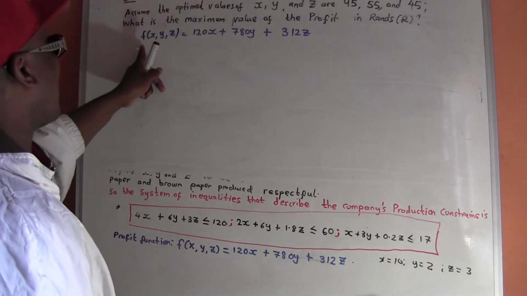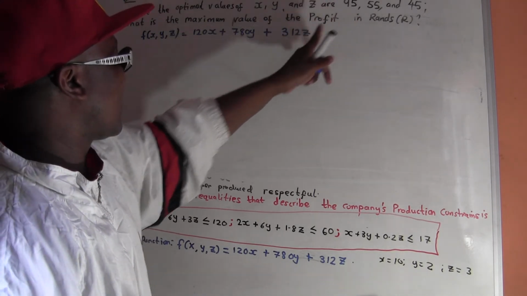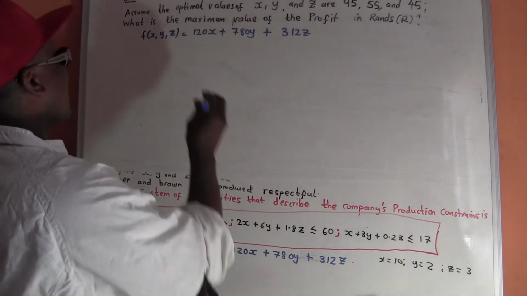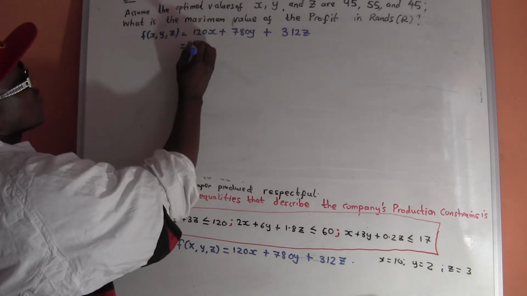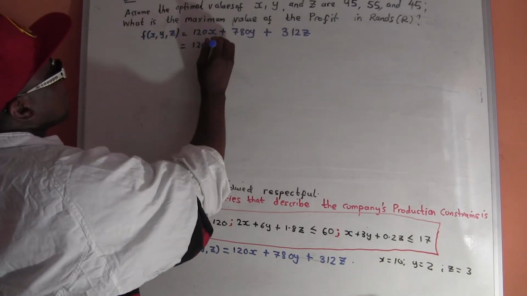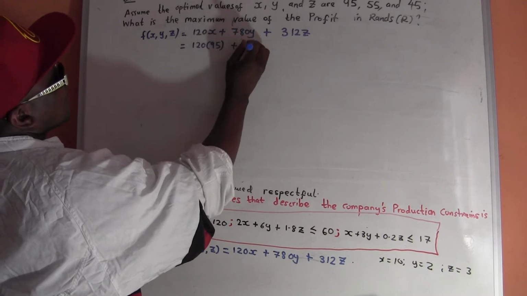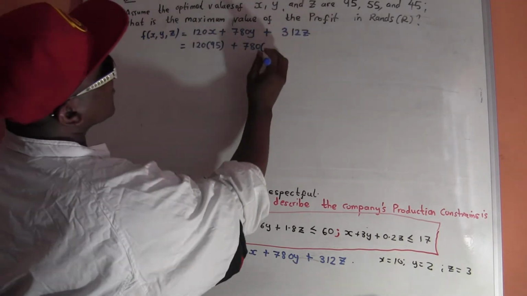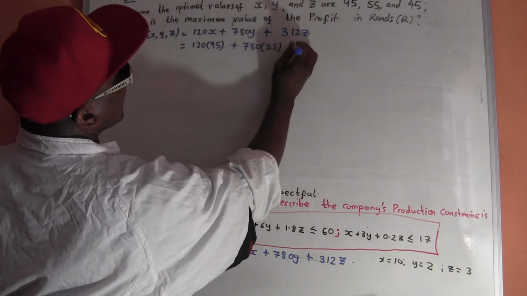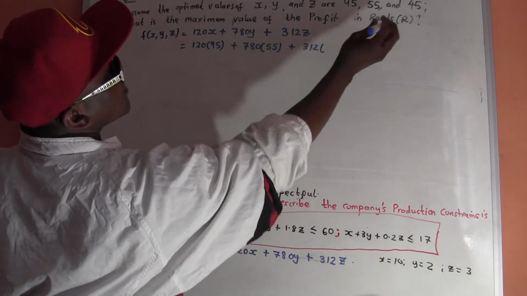If you want to get the profit, because this is a profit function, take these values and put them there, and it's done. So now let's put it in. It's gonna be 120 times x equals 95, and then plus 78 times y, y equals 55, and then plus 312 times z, z equals 45.